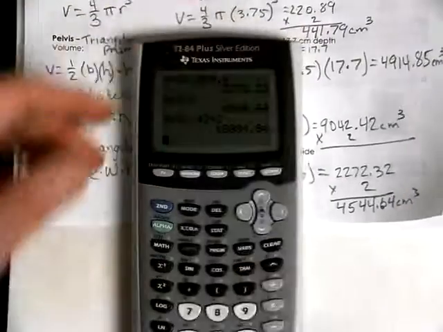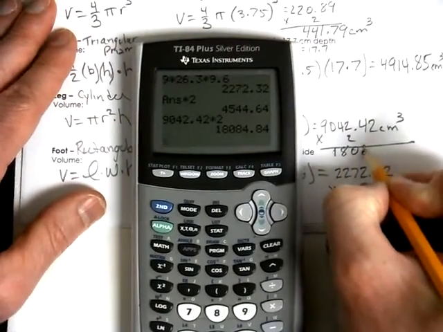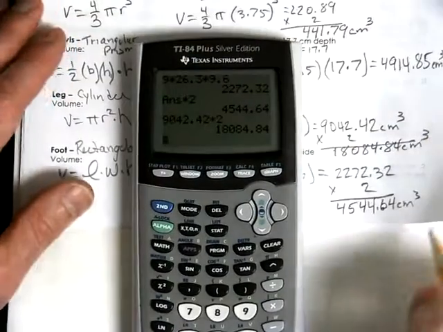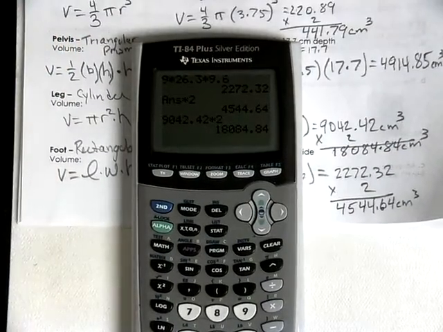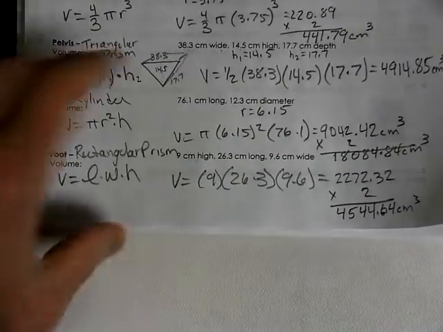So to find the total volume of the legs, 18,084.84. That would be both legs put together.